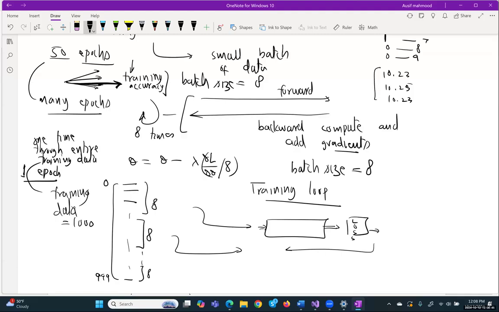So if it is reducing, next epoch it's 9.23, then 8.7, you at least know it's learning, adjusting and getting better, right? So generally we'll train it for many epochs. One epoch, once again, means one time through the entire training data.